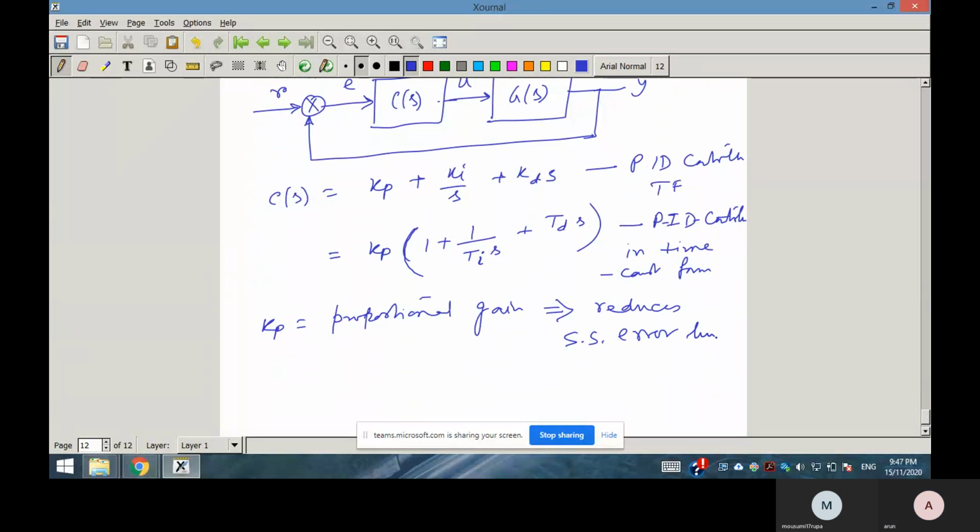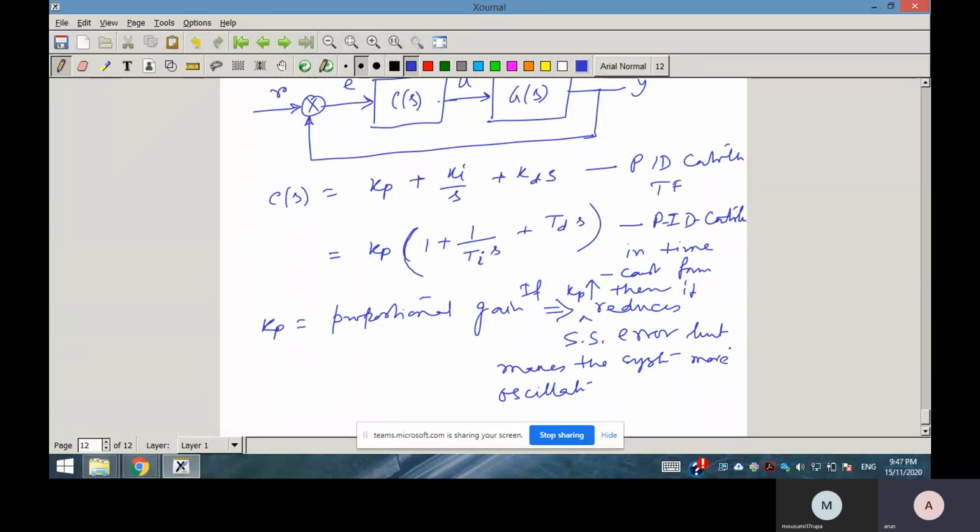If Kp increases, then it reduces steady state error, but makes the system more oscillatory.